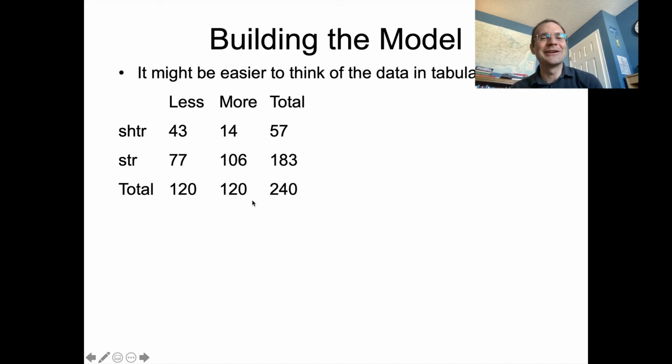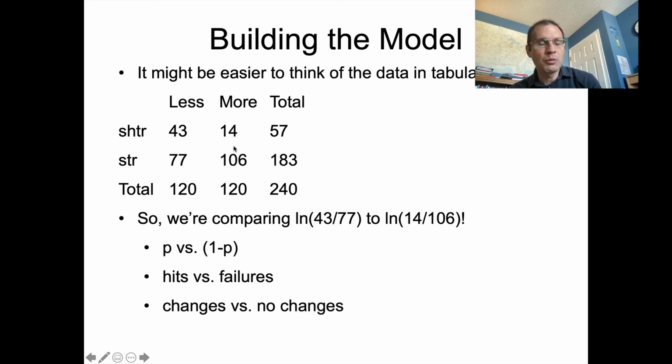But like I said, there's 240 total productions. We get half of them in the less formal context and half of them in the more formal or more emphatic context. So we get 43 stras for the less group and 14 stras for the more group. What we're comparing here are these two log odds ratios. So we're comparing the natural log of 43 over 77 to the natural log of 14 over 106.